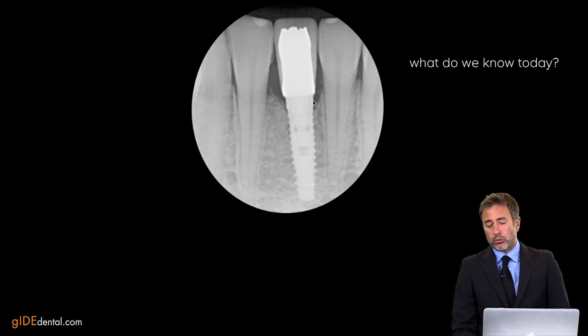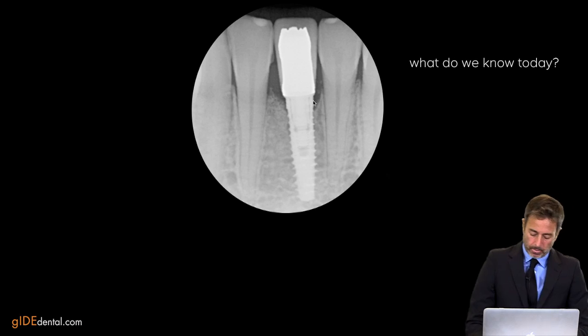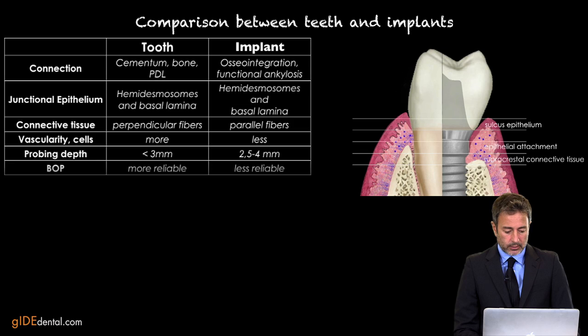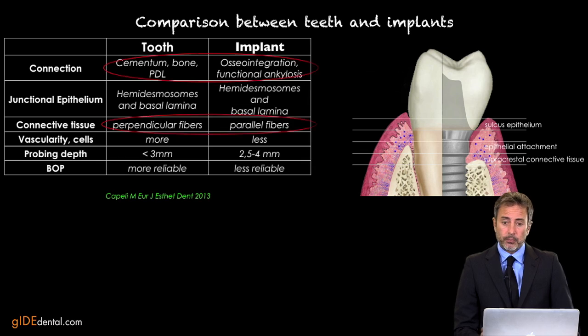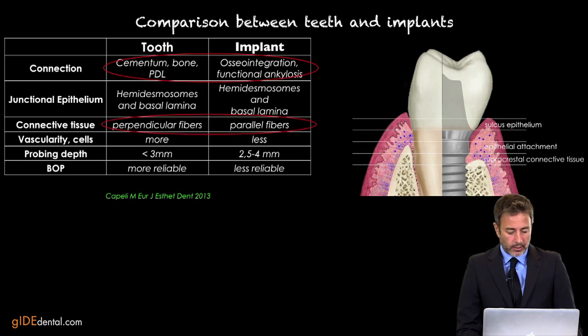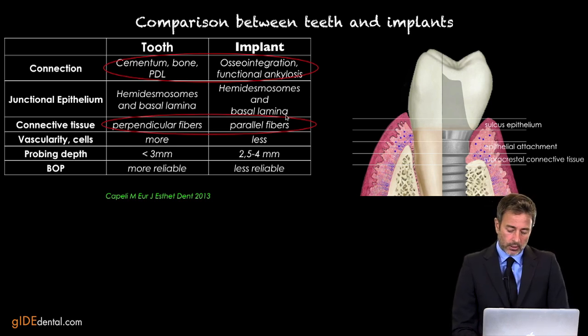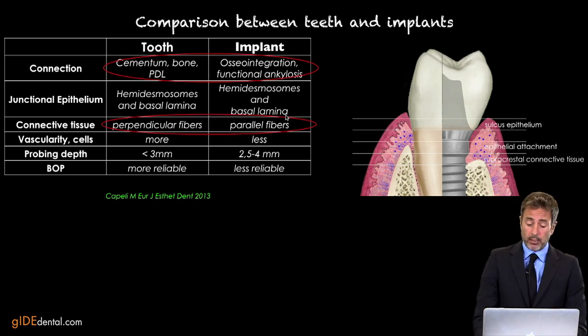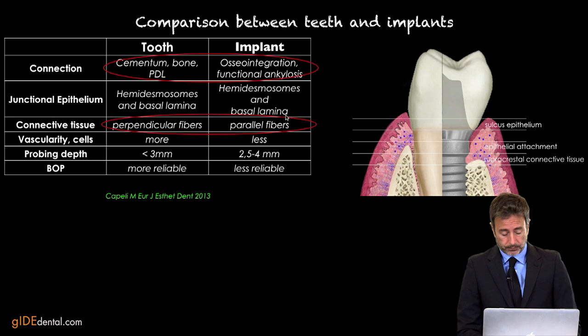So what do we know today? First of all, we have to be aware of the differences between implants and teeth. As you can see here in this table, the main differences are in the connection. We have cementum, bone, and periodontal ligament around teeth, and around implants we have osseointegration, which means direct contact between the bone and the implant.